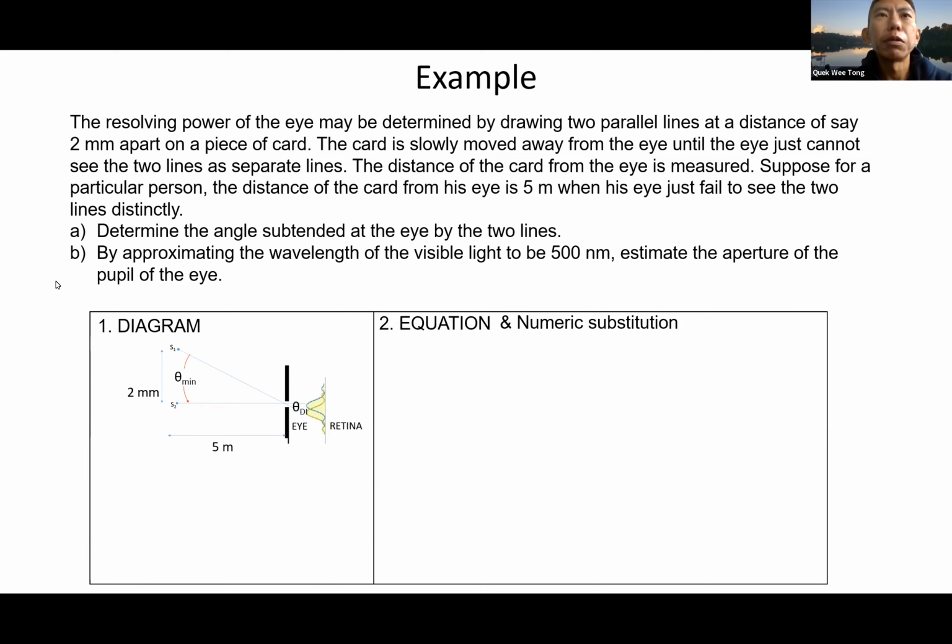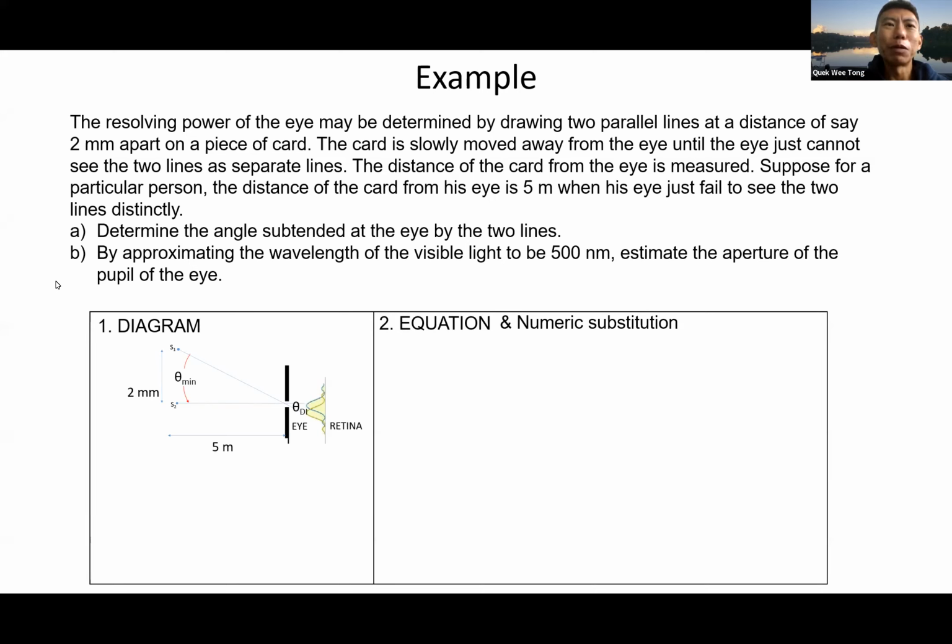I forgot already. Let me read also. Okay. Got it. So we have the 2 lines drawn on the paper. This paper was moved further and further, just like just now. But this time, we actually don't know the size of the pupil, the aperture of the eye.